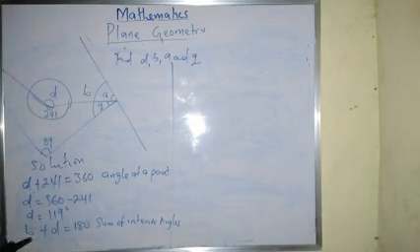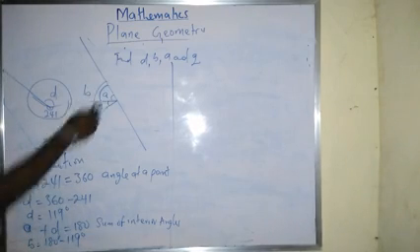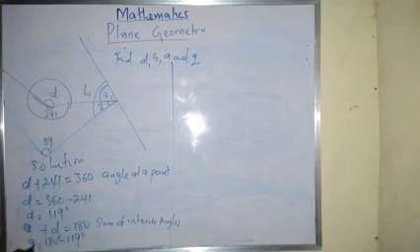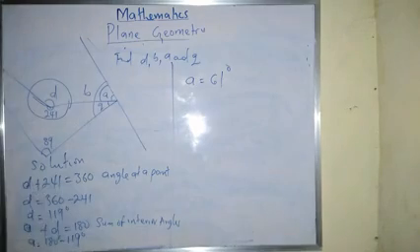Now, what is my D? I've had my D already. It means my B equals 180 minus 119 degrees. Sorry, I'm talking not about D. I'm talking about A. Sorry, this is A. This is the angle I'm referring to. Now, my A will be equal to 61 when I subtract it.